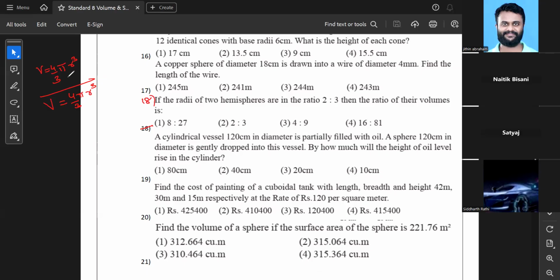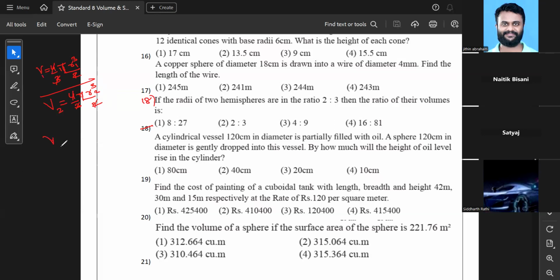It's a hemisphere, so divide by 2. The hemisphere is half of it, so this is the formula for a hemisphere. When you divide, this radius is different and this radius is different, so this volume is different and this volume is different. But the constants like 4 upon 3, pi upon 2, are the same for both values, so all the constants get cancelled.